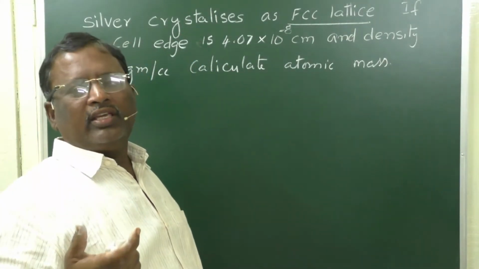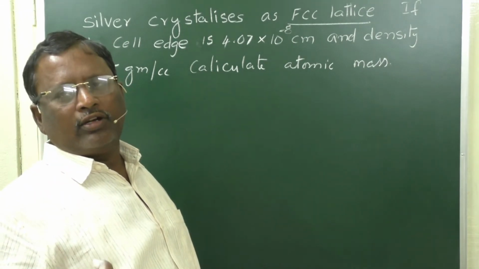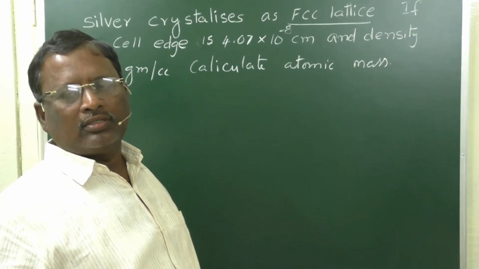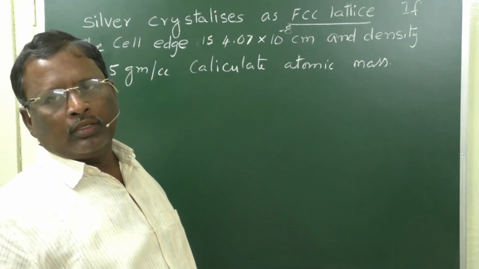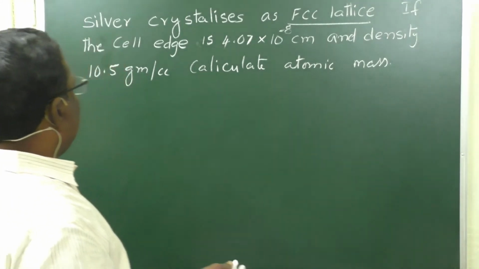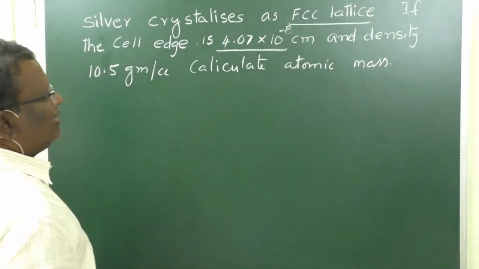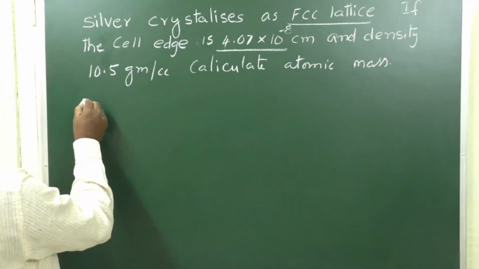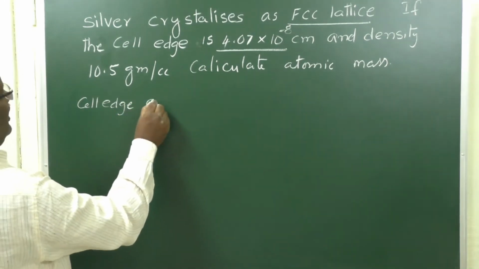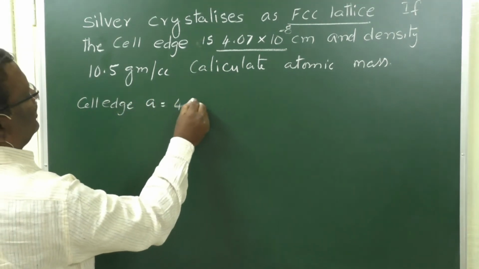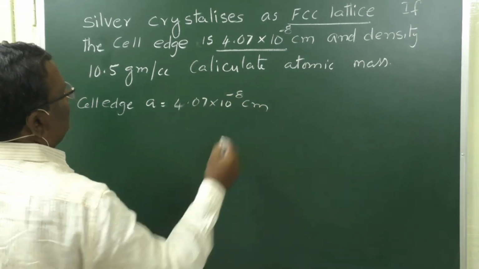So, if you know the mass of a unit cell, that is equal to the mass of 4 atoms. The mass of Avogadro number of atoms is its atomic mass. Here the cell edge A is equal to 4.07 × 10^-8 centimeters.